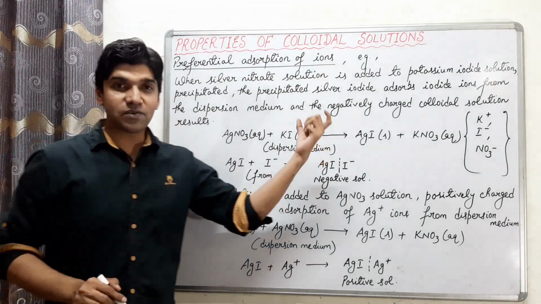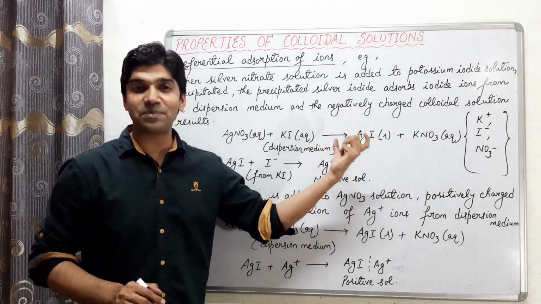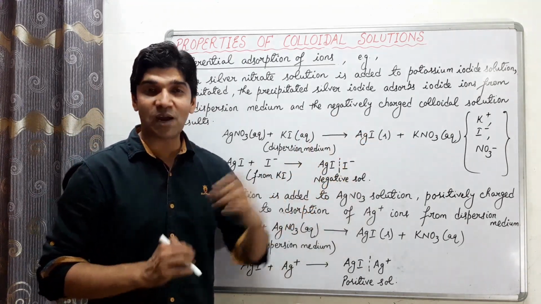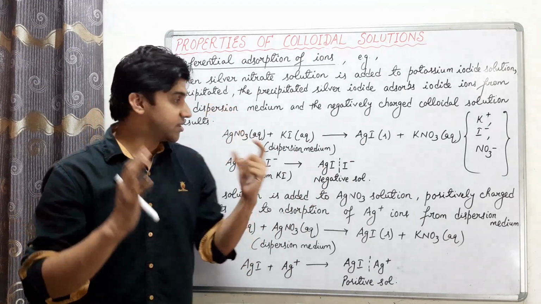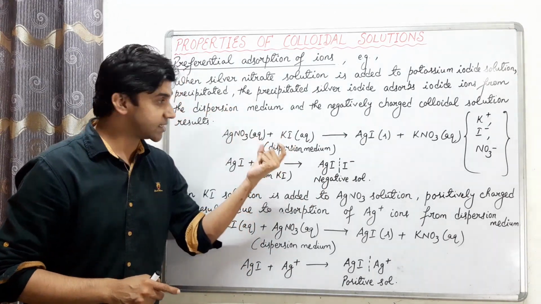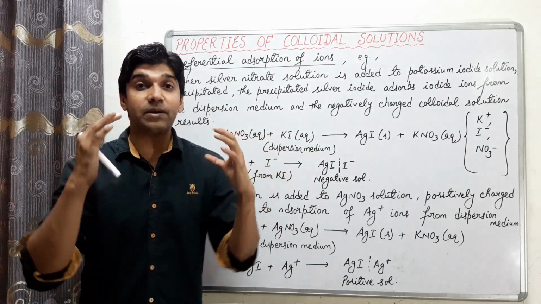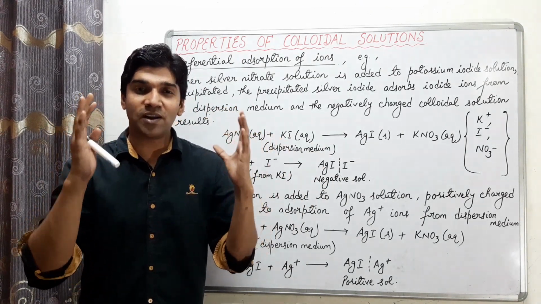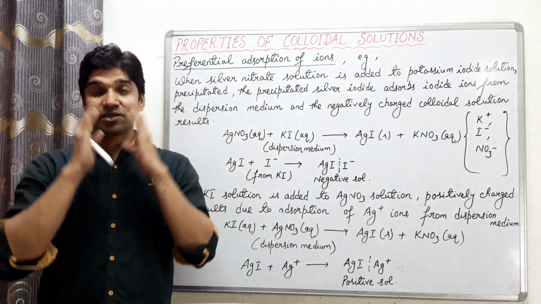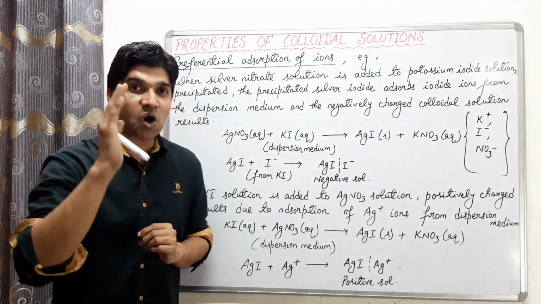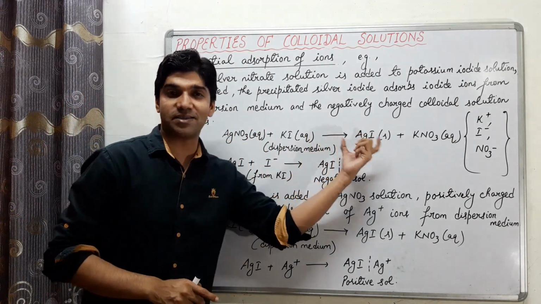Now when this freshly prepared precipitate, which one? Silver iodide, is shaken with the dispersion medium, in this case potassium iodide, it will preferentially adsorb one of the ions. Which one will it adsorb? Which is common to the colloidal particles.